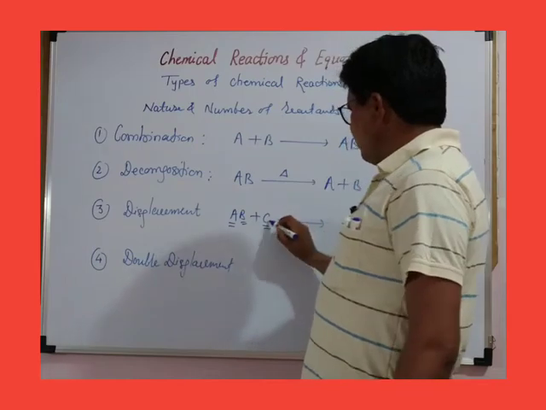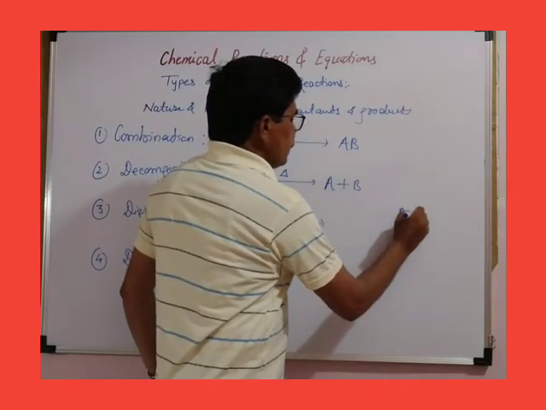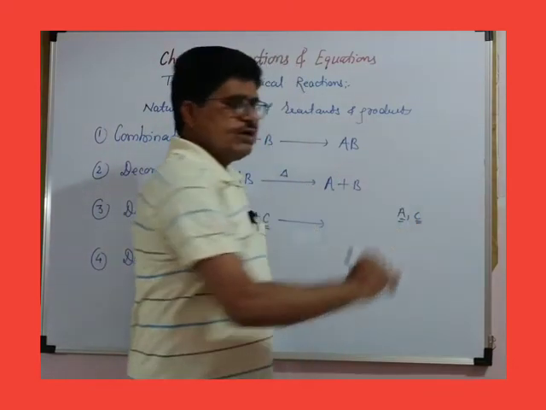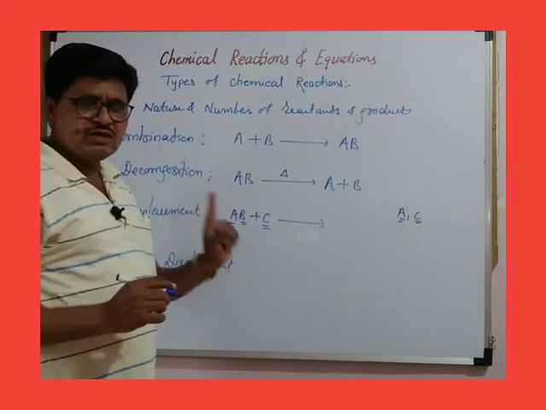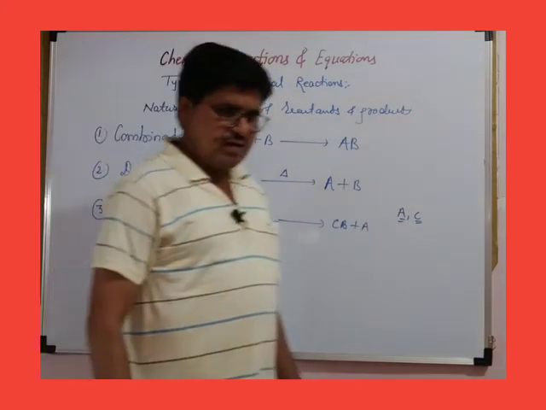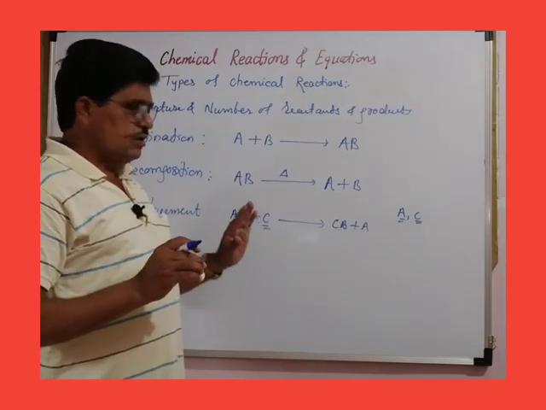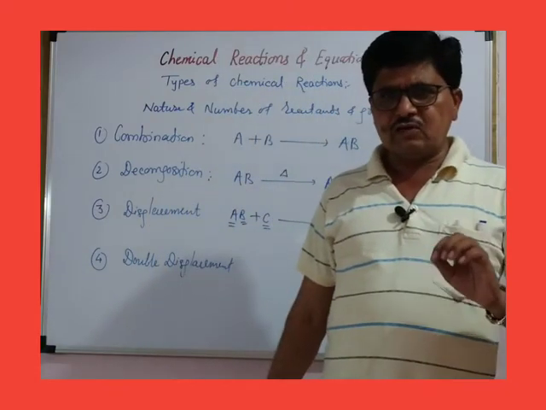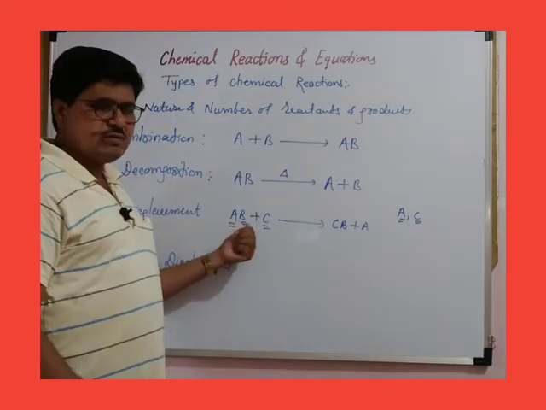But where this C metal is more reactive than the A. म्हणजे या एक्झाम्पलमध्ये A आणि C हे दोन्ही मेटल आहेत, पण where C is more reactive as compared to the A. That means C replaces the A from its compound and there is the formation of CB plus A. That means a chemical reaction in which the reactive element displaces the less reactive element from its compound, किंवा a chemical reaction in which the more reactive metal displaces the less reactive metal from its compound.